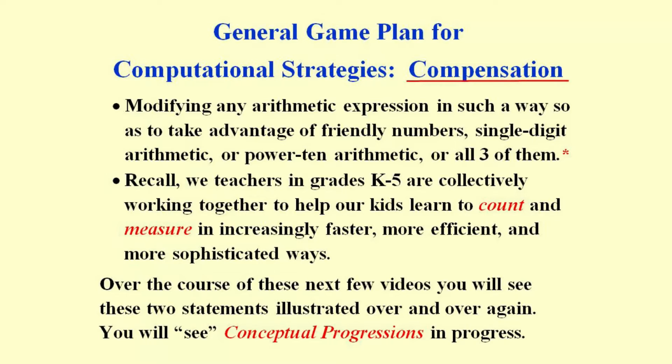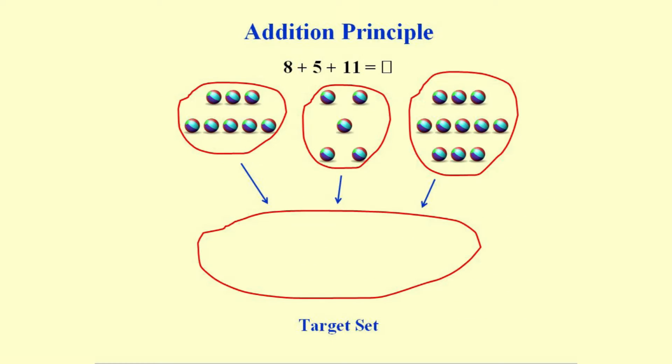So again, let me remind you, by way of this PowerPoint presentation, of the arithmetic principle called addition. You start out with three groups of objects, one with 8 objects, the second with 5 objects, and a third with 11 objects.